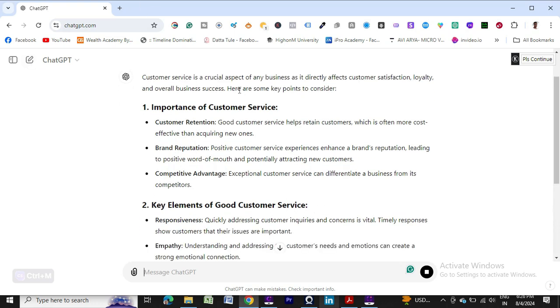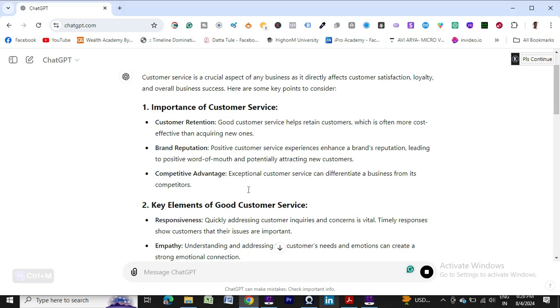Customer service is a crucial aspect of any business, as it directly affects customer satisfaction, loyalty, and overall business success. Here are some key points to consider: the importance of customer service, and key elements of good customer service, under which responsiveness, empathy, and all these things are there.